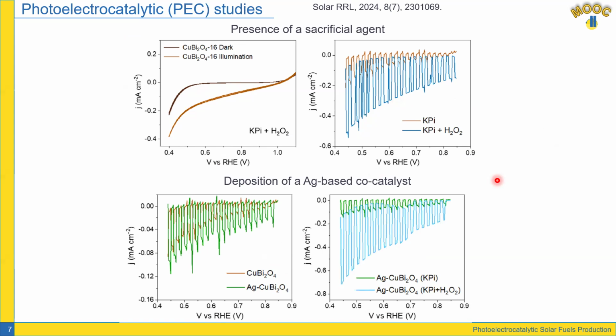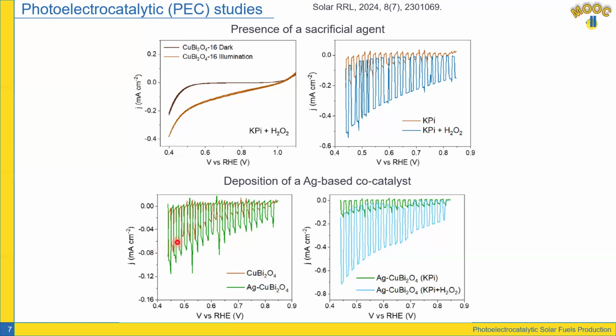So then we deposited the silver nanocorals on top, and we see that, also in bare potassium phosphate buffer, we were able to improve the photocurrent density a bit by using the co-catalyst, since the co-catalyst is mainly employed to drive the desired chemical reaction faster. So basically, the photogenerated electrons go from the surface of the copper bismutate to the silver nanocorals, and then they reduce water into hydrogen faster, right?